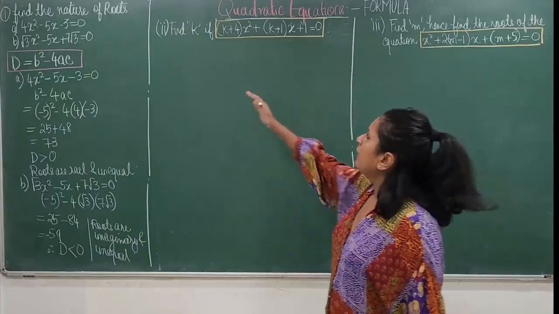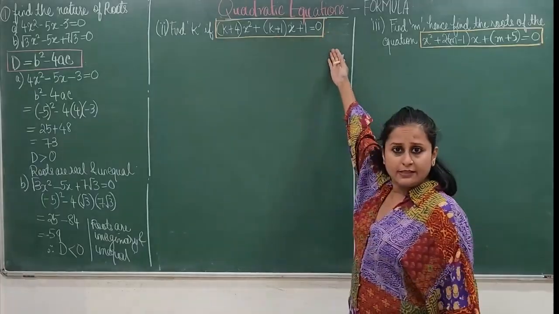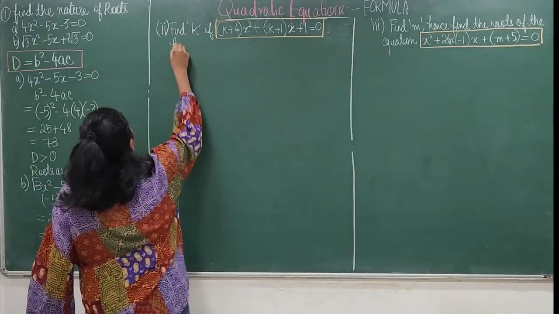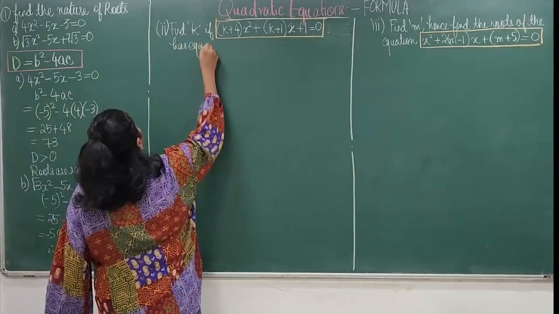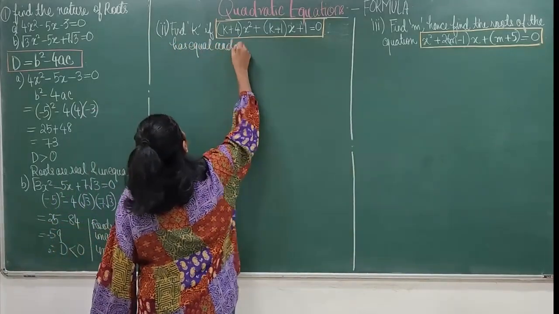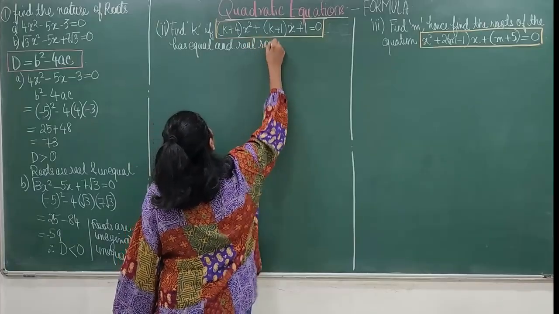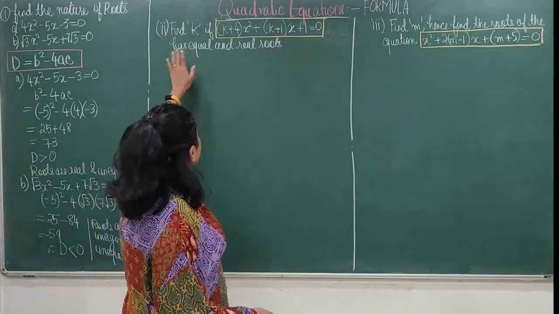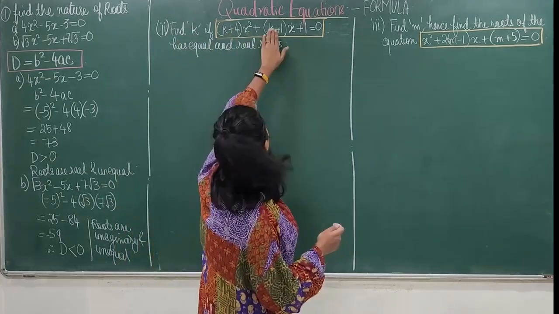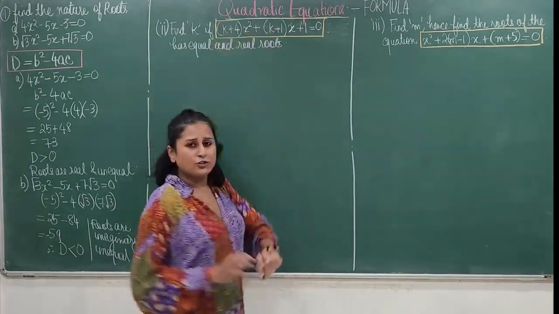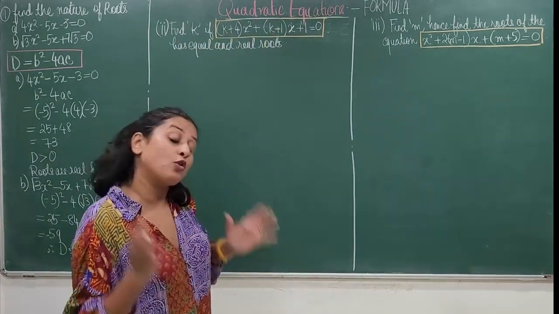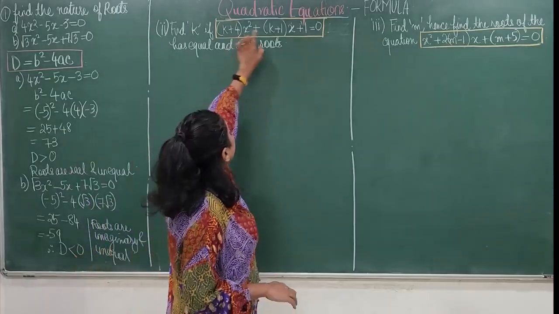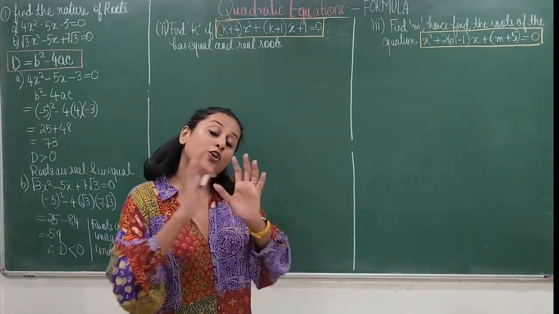Find k if this equation that is given to you has equal and real roots. What are they saying? Find the value of k. What is k? K's are here. So this k is a part of your coefficient. It's not a part of x square. X square and x are your unknowns.